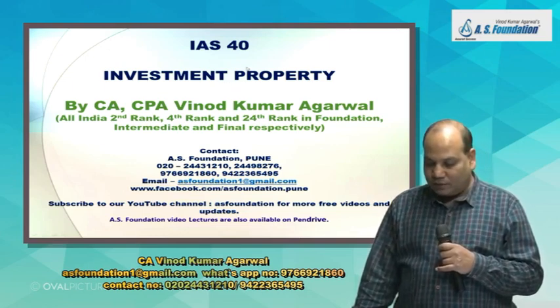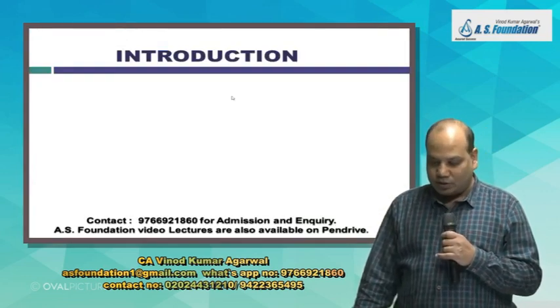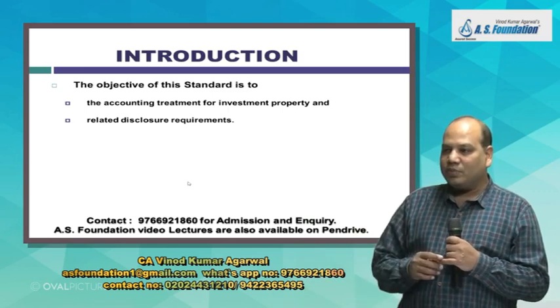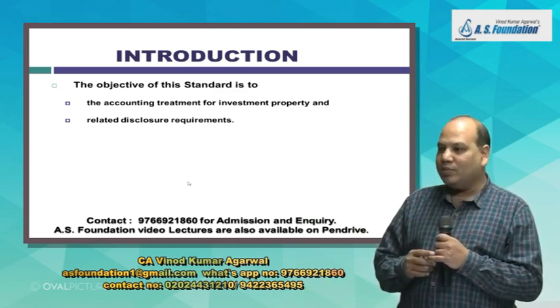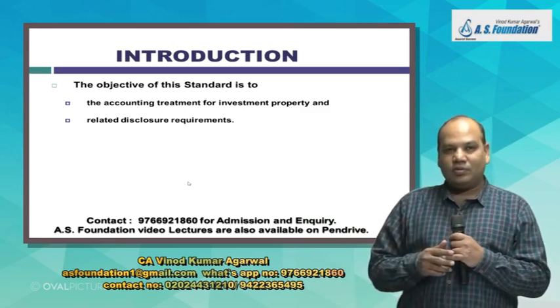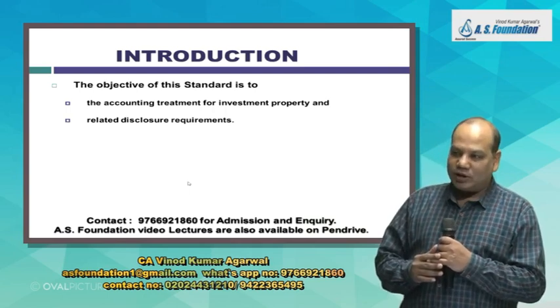So our major efforts will be first invested in understanding what is investment property, then cost of the investment property, initial measurement principle, subsequent measurement principle, transfer from one classification to other classification.